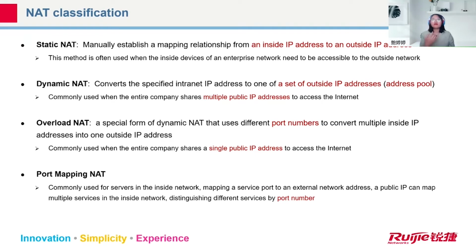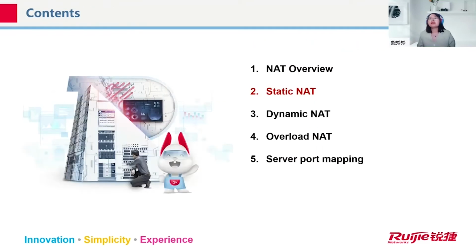So in this scenario, your server also has to provide a public IP address for them to visit. This technology we call port mapping. And later we can see the details one by one, what the process is and what the configuration is.